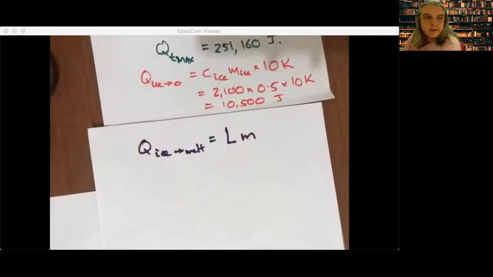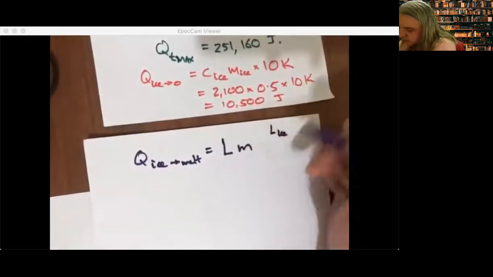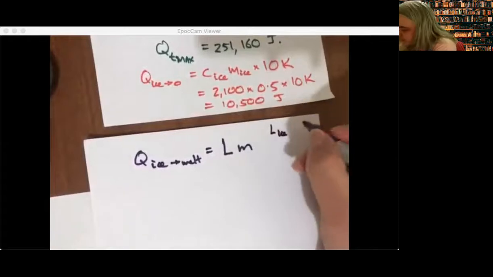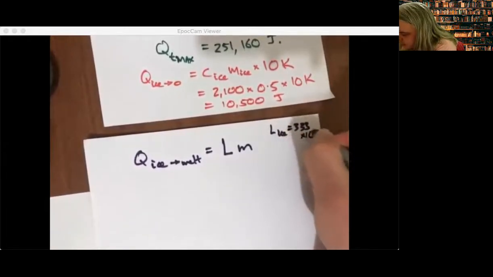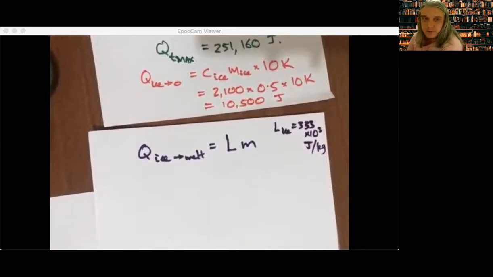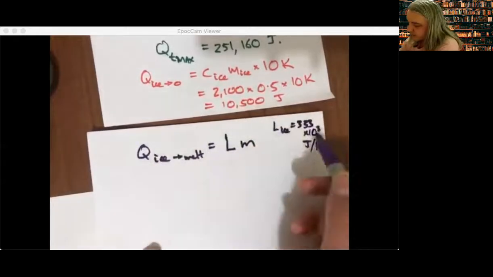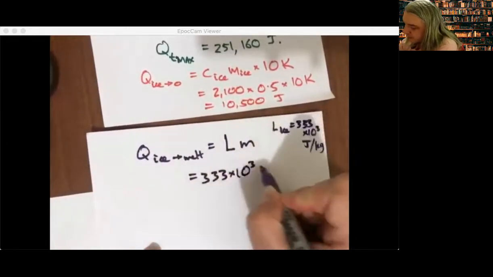And we said that the latent heat of fusion, L, for melting of ice is 333 times 10 to the 3 joules per kilogram. I should have written that a bit neater, but anyway, we can all see that: 333 times 10 to the 3 joules per kilogram. So now we've got to say what this is based on that, which is 333 times 10 to the 3, and we've only got half a kilo.